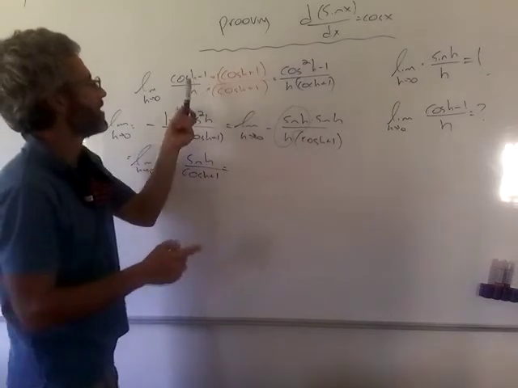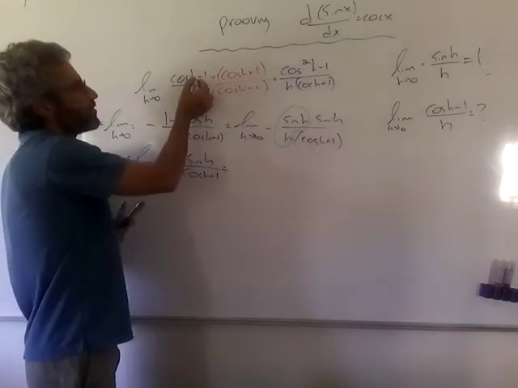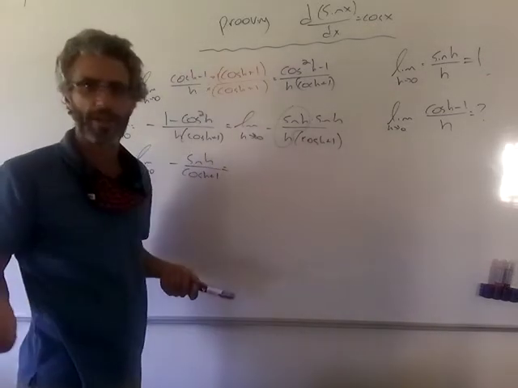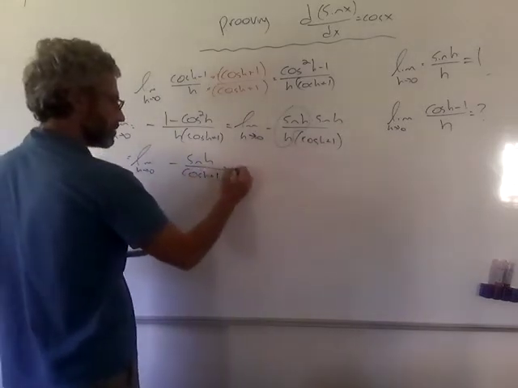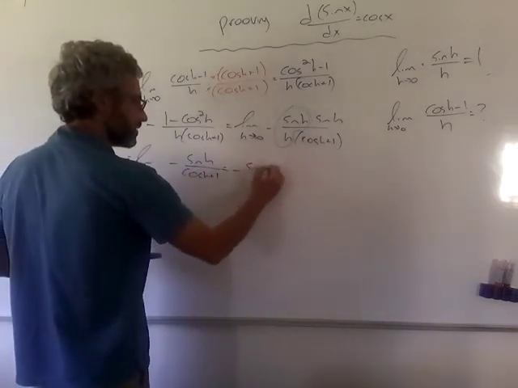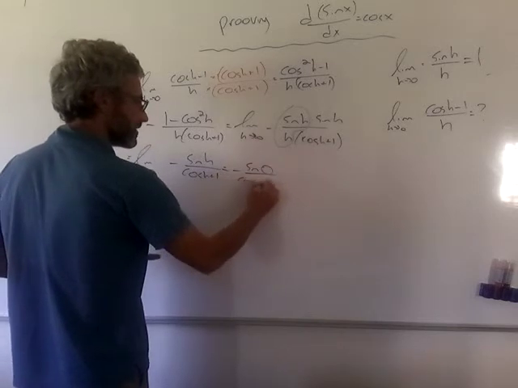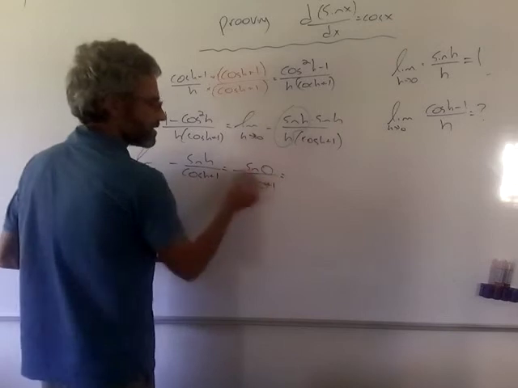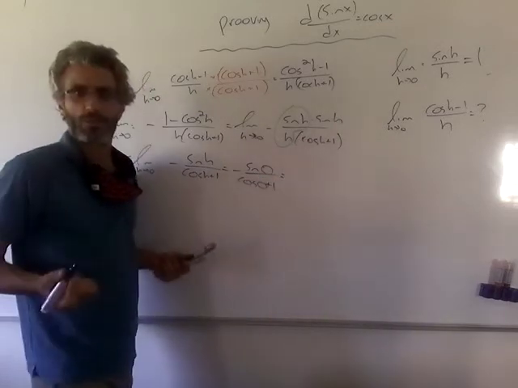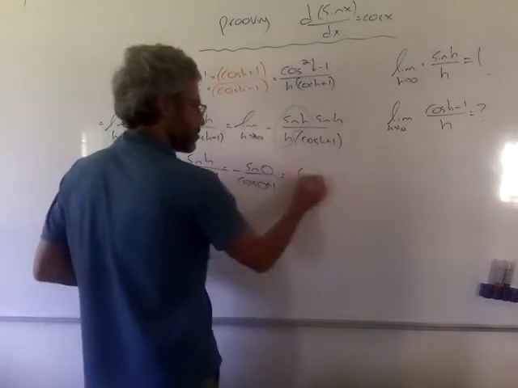Because in the beginning, if you put h equals 0, you can't do it because you get 0 divided by 0. But now let's just try and put 0. So it's going to be minus sine 0 divided by cosine 0 plus 1. What is sine 0? Sine 0 is 0. So the top is going to be 0.